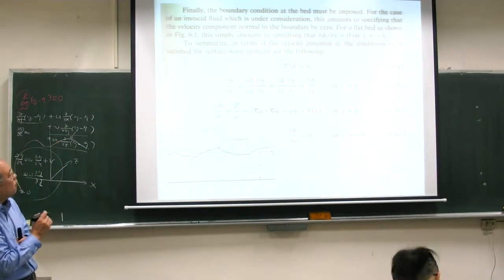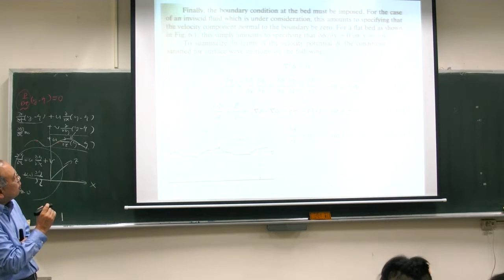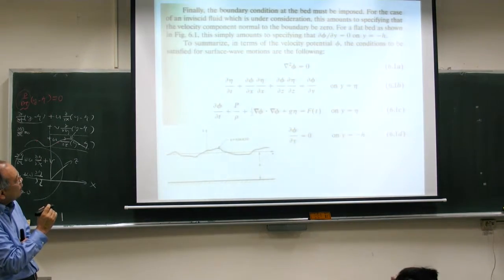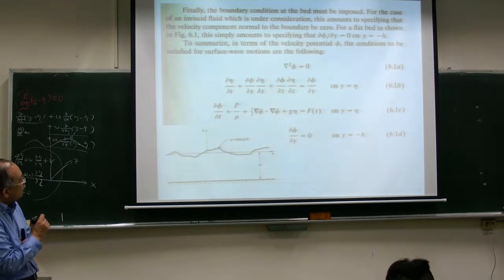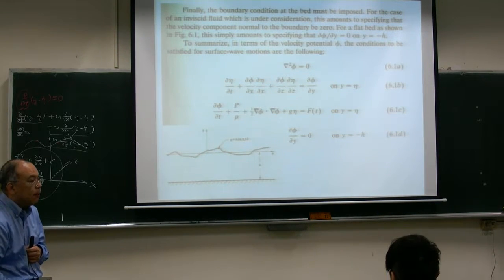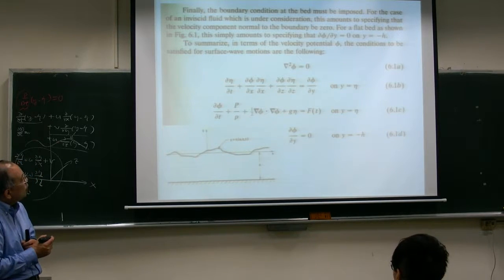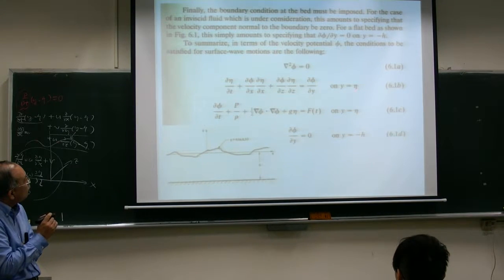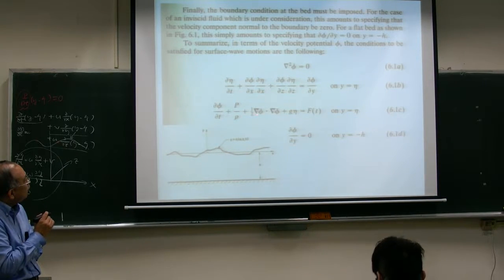So if you solve this, Laplace phi, and satisfy these boundary conditions, they can represent the flow field for this kind of flow. But we can see it's very difficult to solve, right? Because eta is unknown, and then Laplace phi, gradient phi times gradient phi, is a nonlinear term.